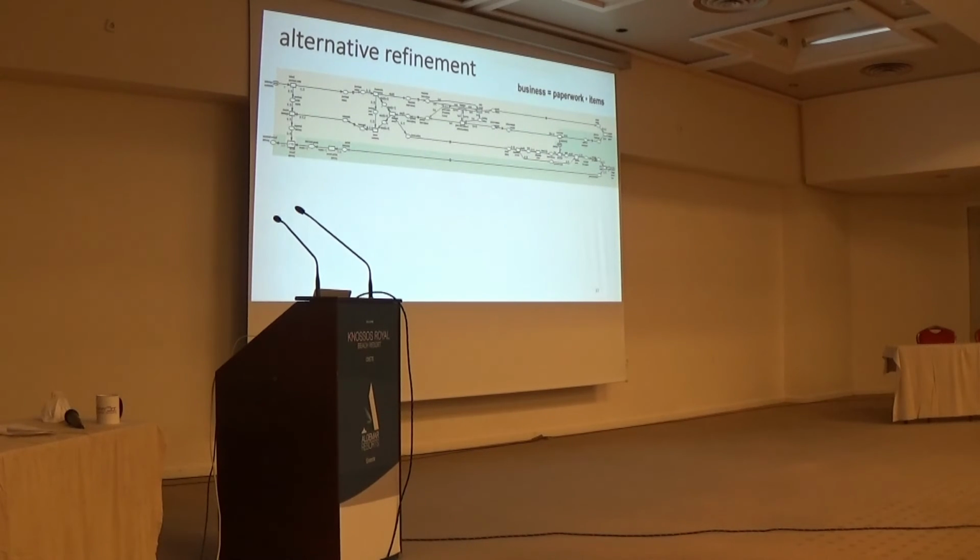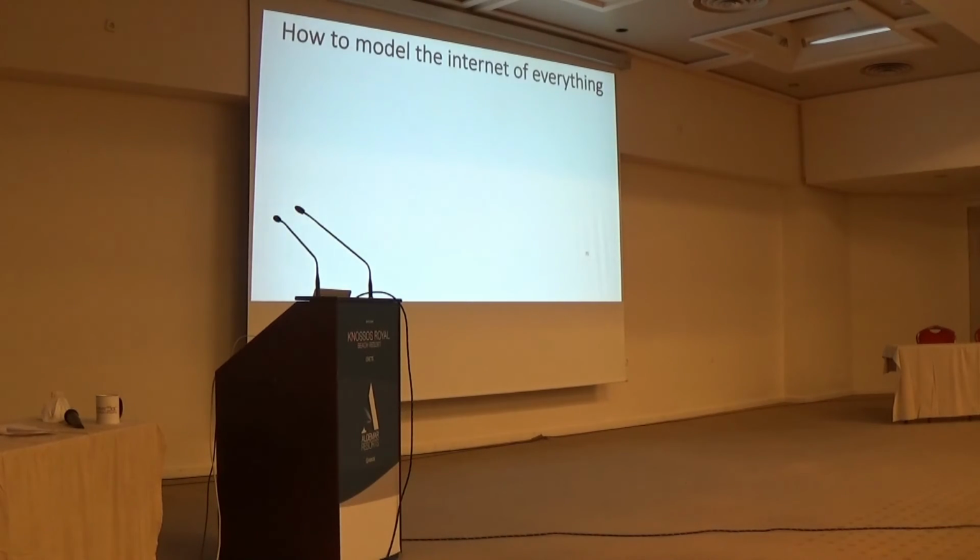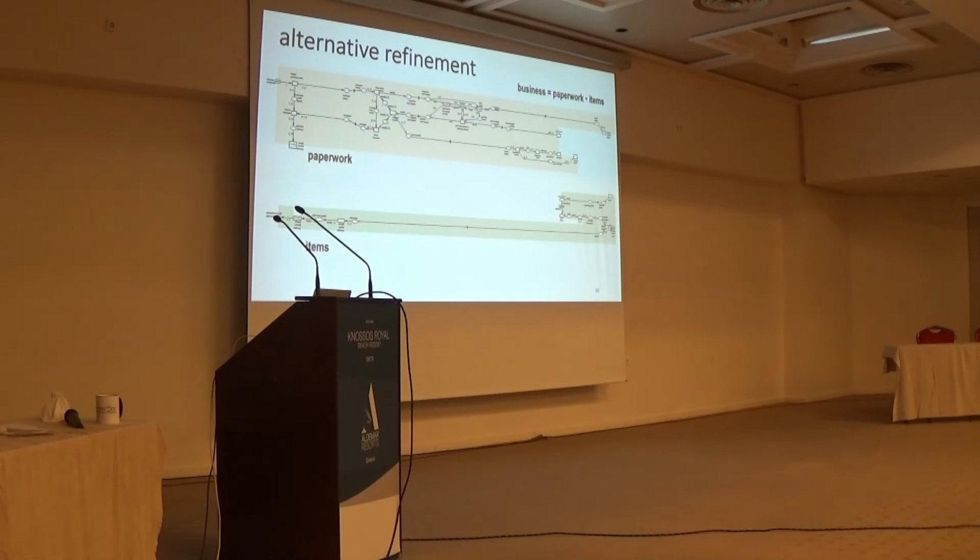So we just try to distinguish them, and we can do it in the model. And then you see, this is the paperwork, these are the real items. And the real items come from here, they go to the shelves, they go to the private deliverer, and they are delivered. Also this composition, I forgot, is the paperwork composed with items. The same composition operator again.